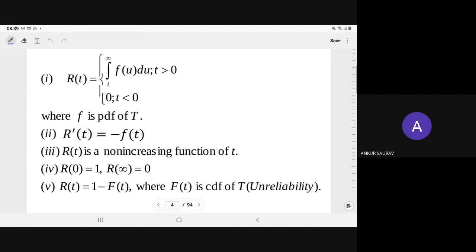Then after, we have R(t) is equal to 1 minus F(t), where F(t) is the CDF or unreliability.